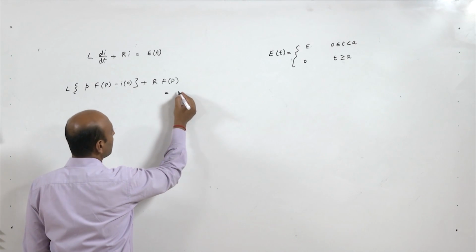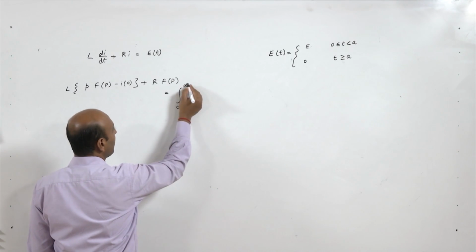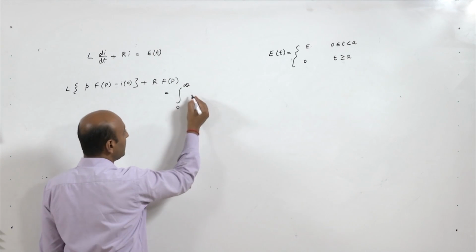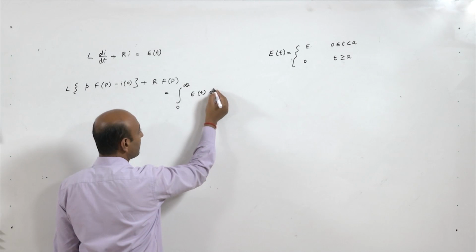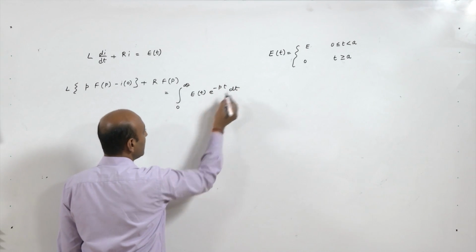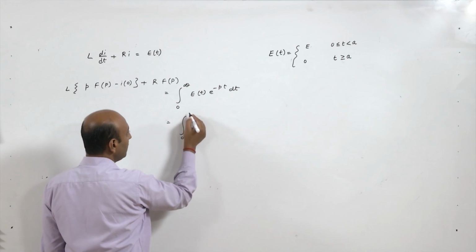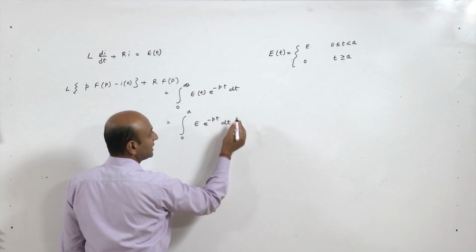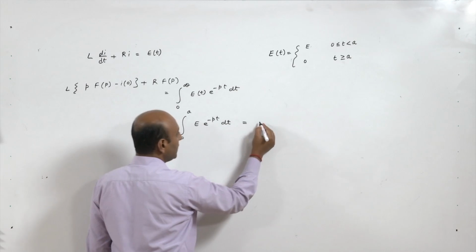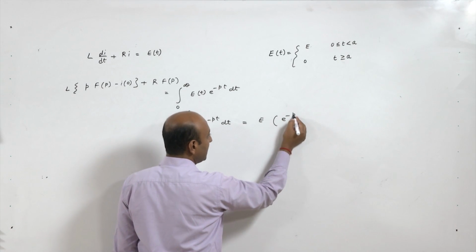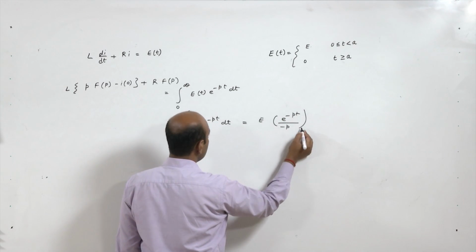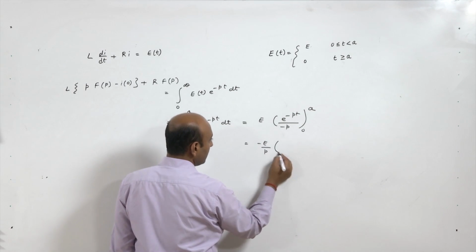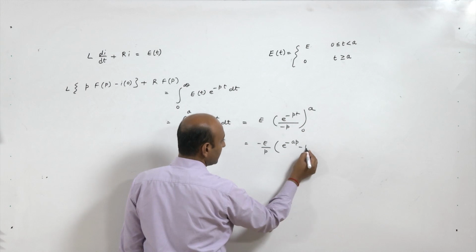Because we have to find the Laplace transform of Et, it is the integral from 0 to infinity of Et into e power minus Pt dt, and it is nothing but the integral from 0 to A of E e power minus Pt dt, otherwise it is 0. Which is equal to E e power minus Pt upon minus P from 0 to A, which equals minus E by P times e power minus AP minus 1.